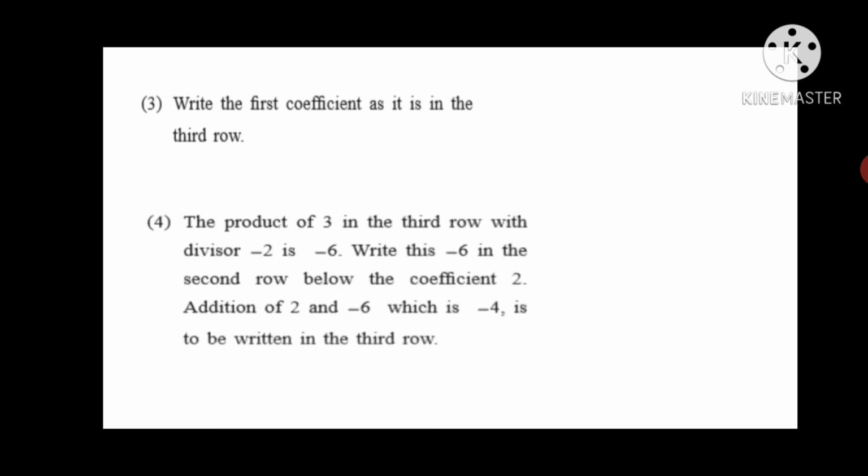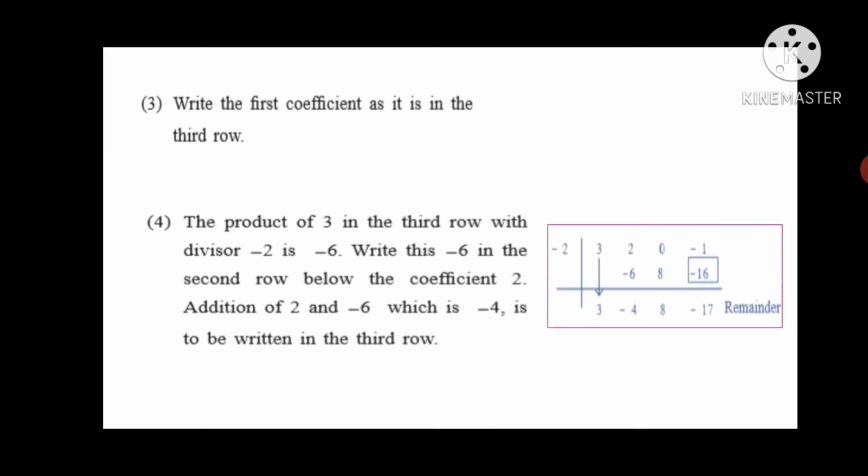The product of the 3 in the third row and the divisor minus 2: 3 twos are minus 6. That is written in the second column.